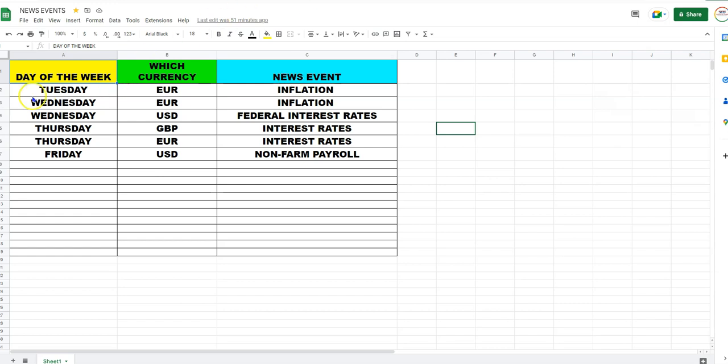Anyway, moving on. They have it on Tuesday and Wednesday because the Eurozone is made up of a lot of different smaller countries that work as a network, similar to the United States.